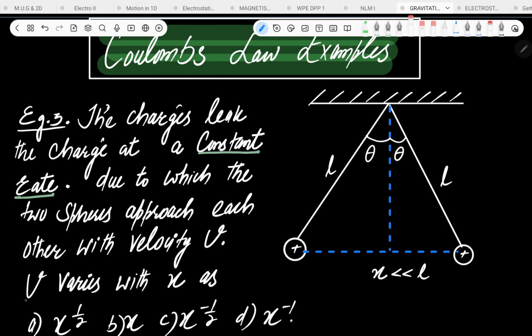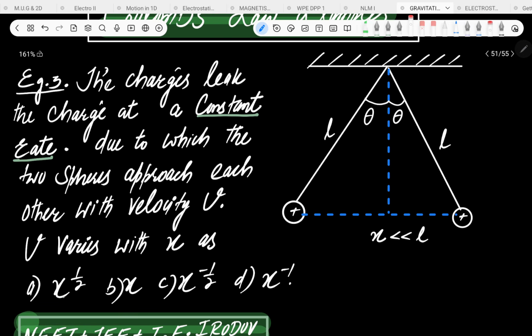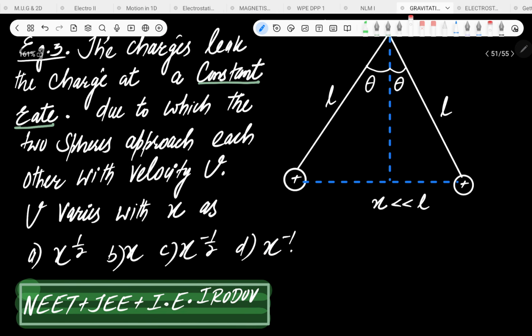Okay, now this v varies with x, where x is the instantaneous separation between the two charged particles. Then the options are given to you, first option is x raised to the power 1 by 2, second option is x, third option is x raised to the power minus 1 by 2, fourth option is x raised to the power minus 1.